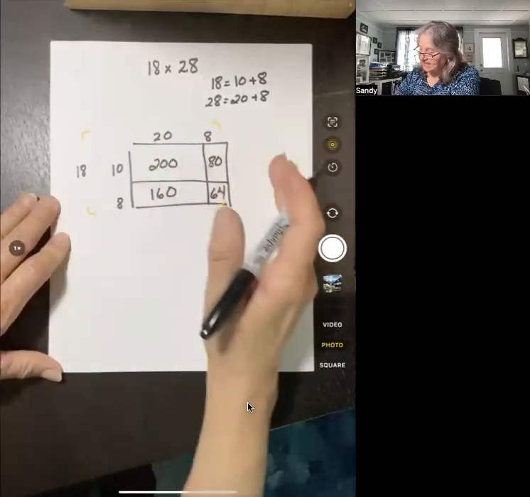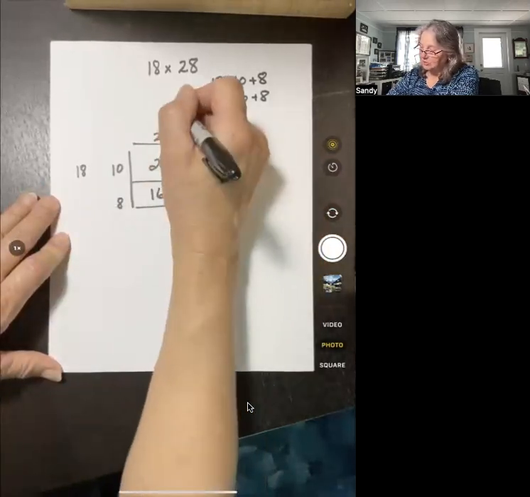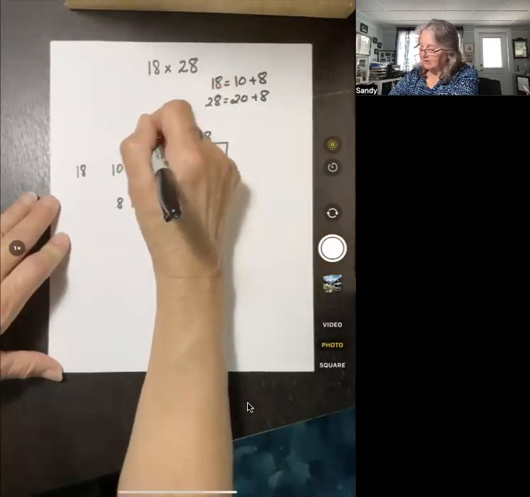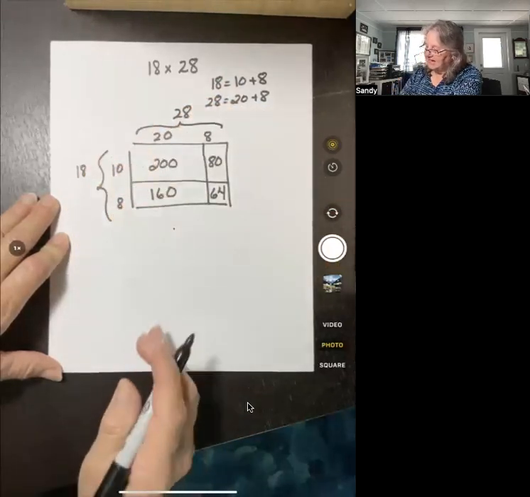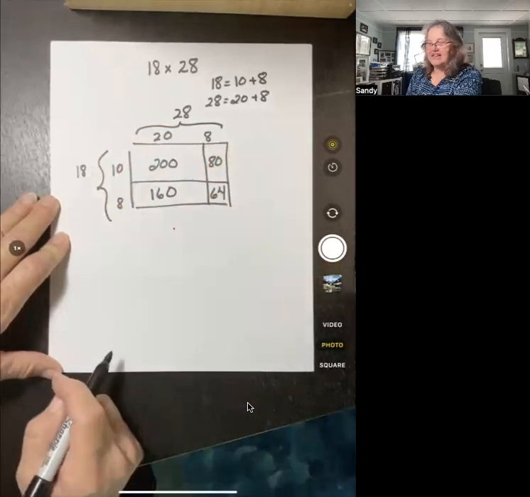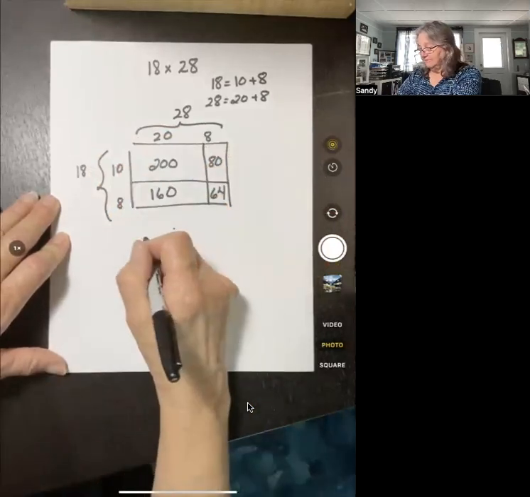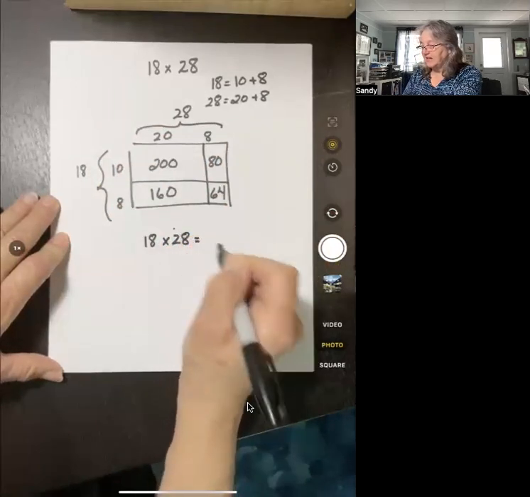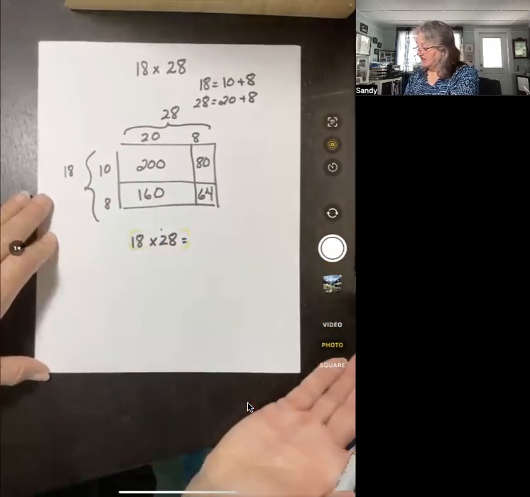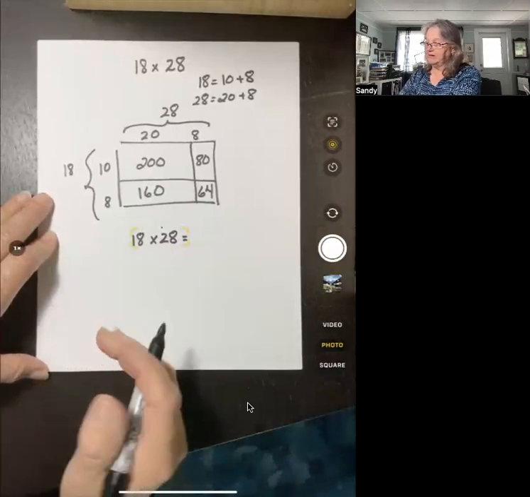So I add these up. This was my 28 dimension, right? This is my 18 dimension. I add these together and I get my total, my product, okay? So you can do this in your head, you can do it on paper.